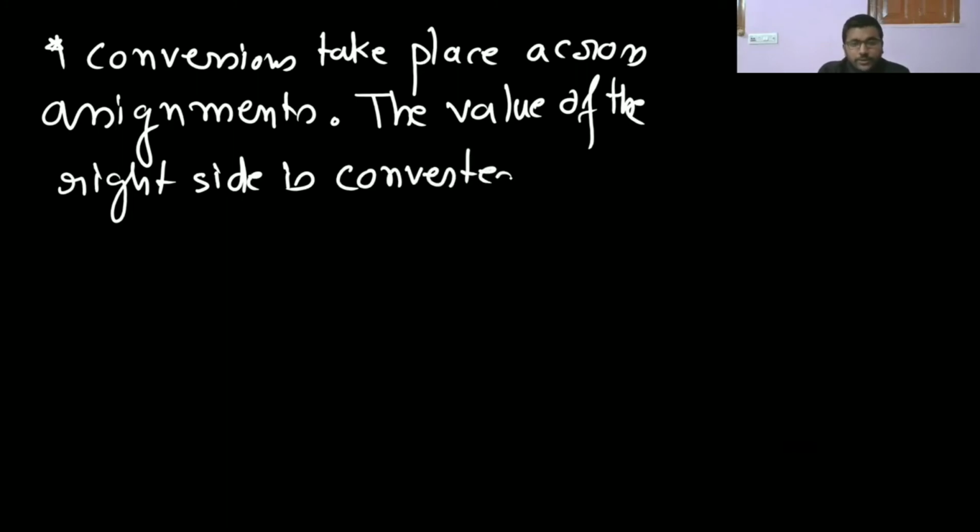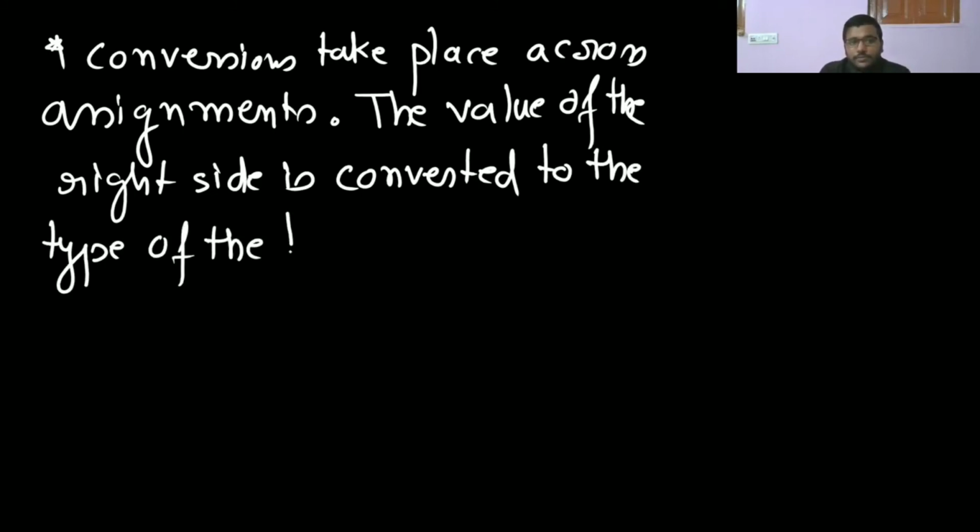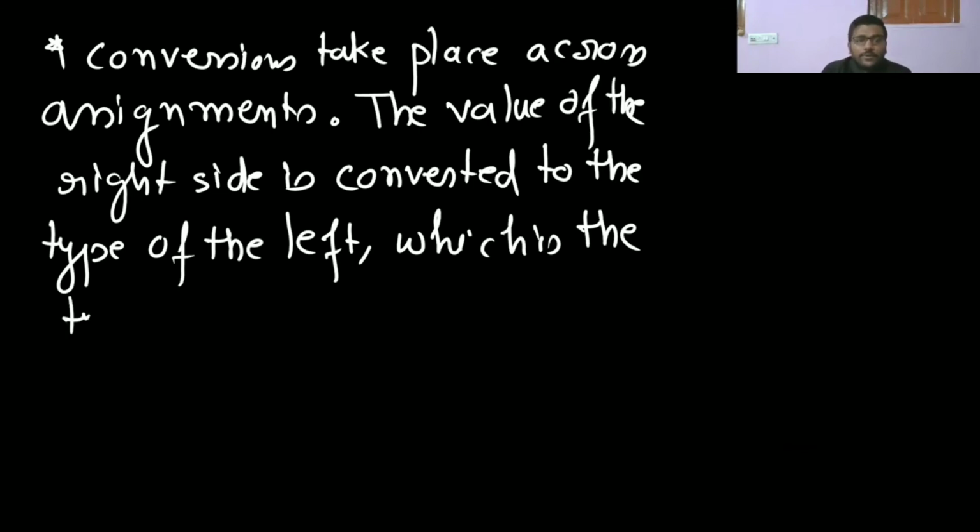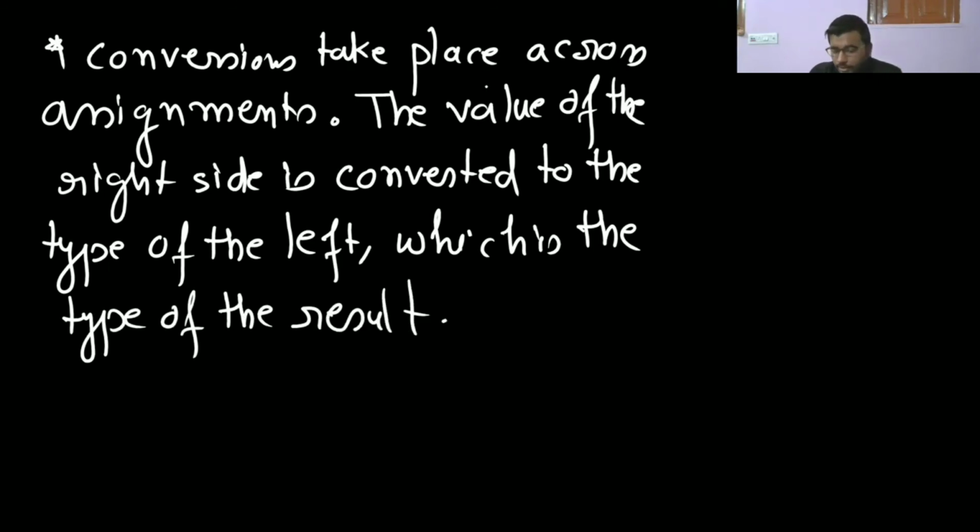Whatever value it has on the right side, it will get converted into the type of the left, which is the type of the result.